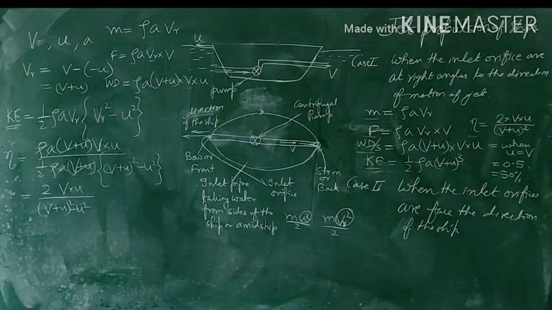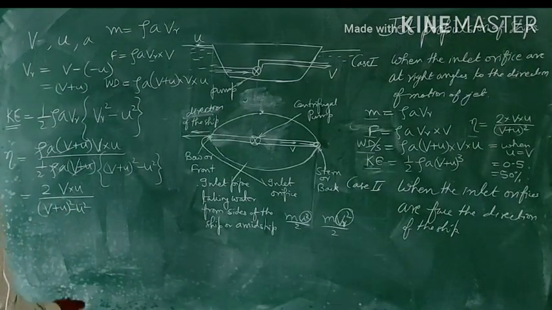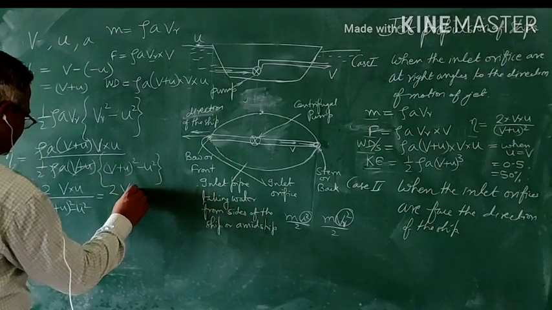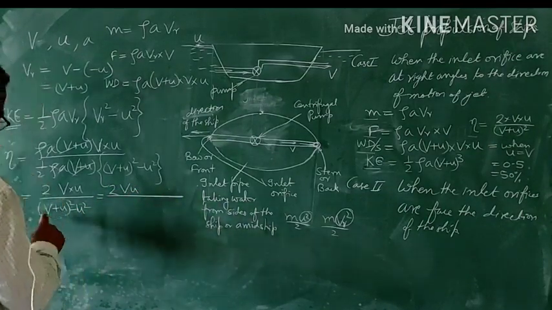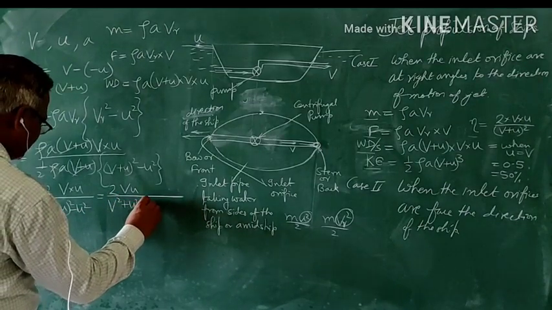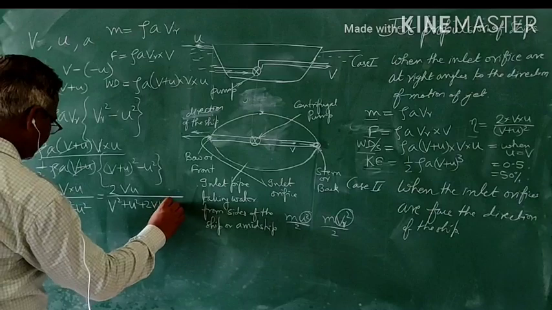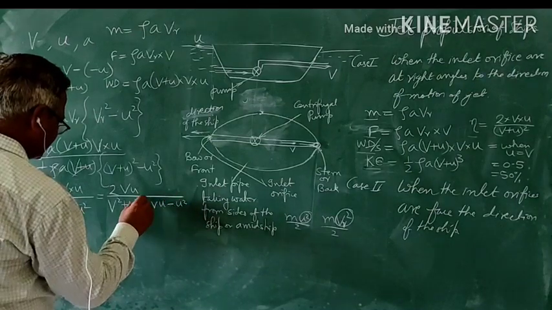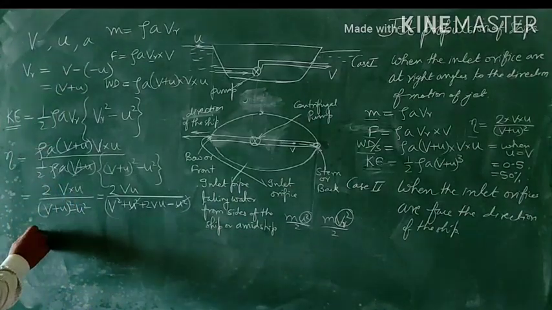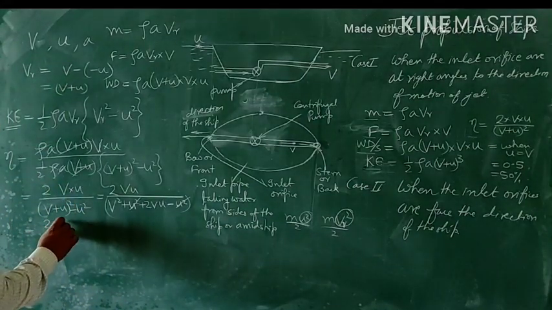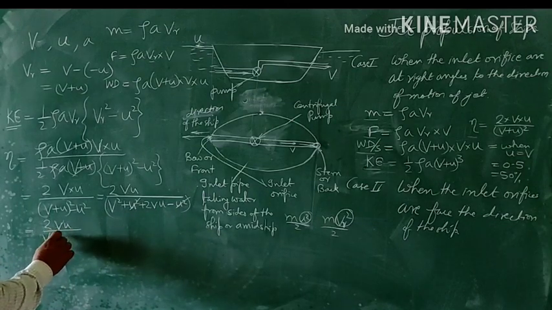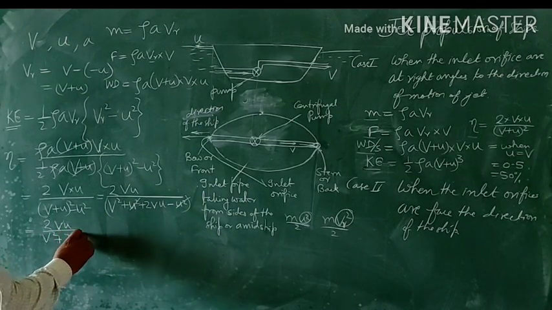When we solve this further, it becomes 2VU upon V square plus U square plus 2VU minus U square. So U square will cancel out, and we will be left with 2VU upon V square plus 2VU.